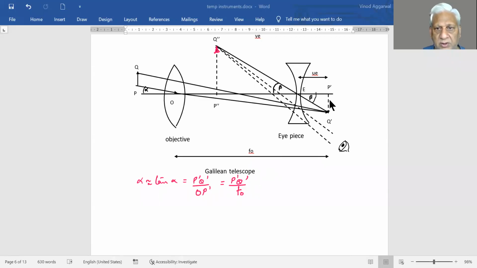P dash Q dash is the size of the first image that is formed, and OP dash is the distance from the center of the objective lens. OP dash is exactly the same as the focal length of the objective.